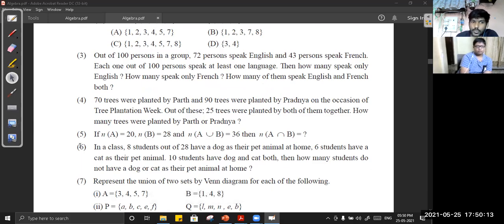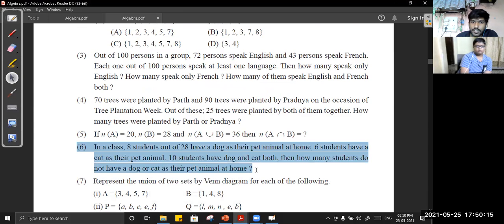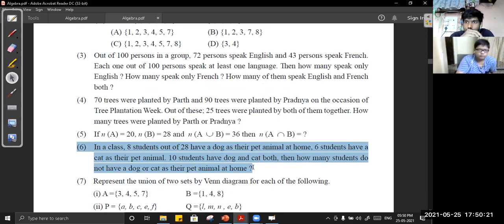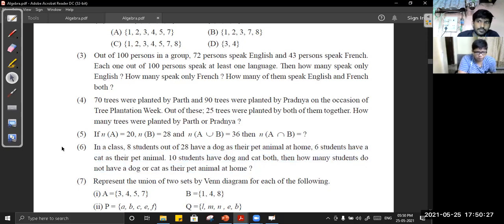Okay. Sixth one, read the sixth sum. This is exactly the same as the sum which we did before, the last problem in the 1.4 exercise. Last 8 students out of 28 have a dog as their pet animal at home. 6 students have a cat as their pet animal. 10 students have dog and cat both. How many students do not have a dog or cat as their pet animal?